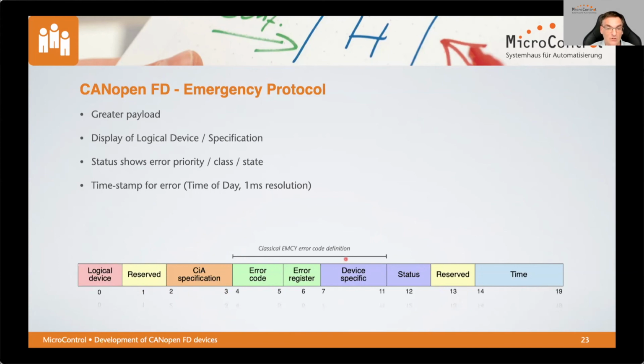During development, we said we would like to have access to structures as easy as possible. If we would like to access a 16-bit value, like the CiA specification here, we would like to have it on an even address boundary. That's the reason why you sometimes find reserved bytes in these kinds of protocols.